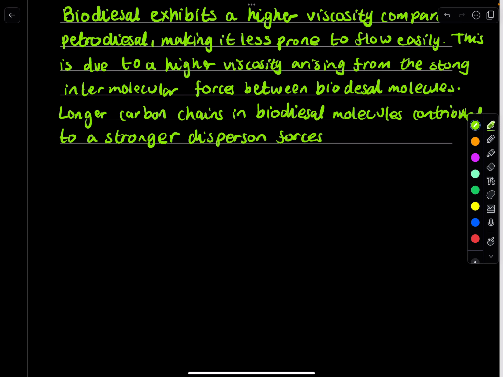So it has both dispersion forces and also the polarity of the ester group.